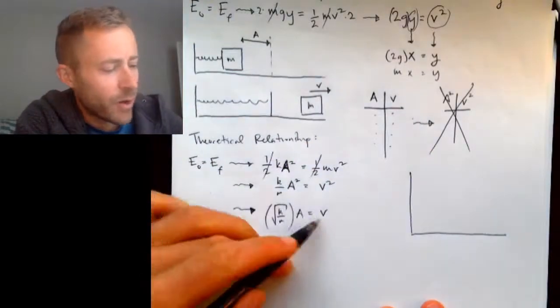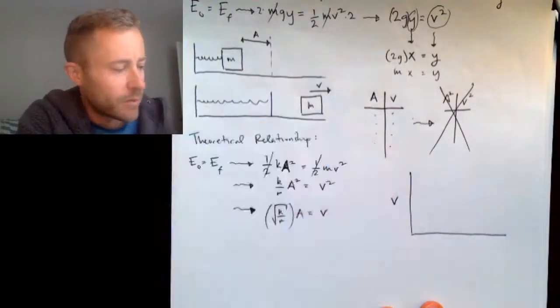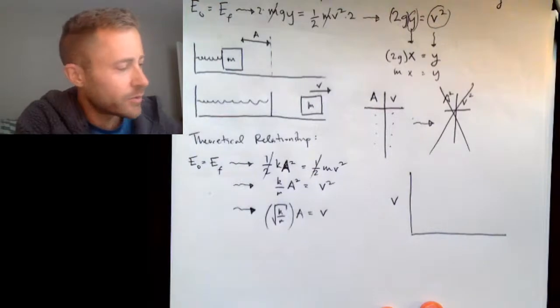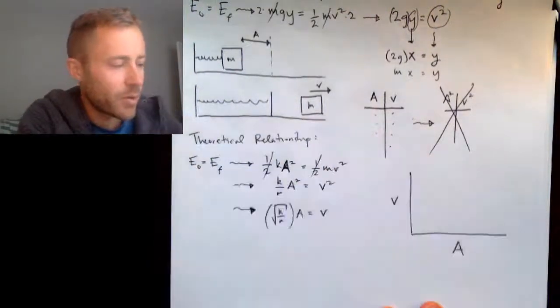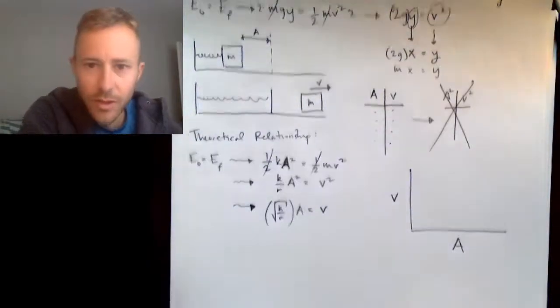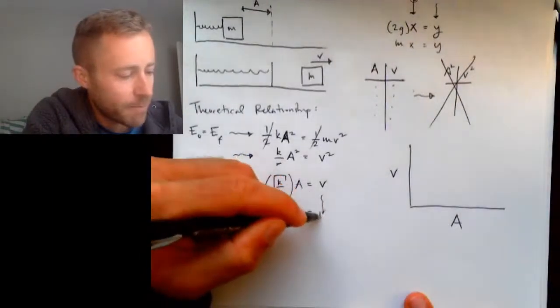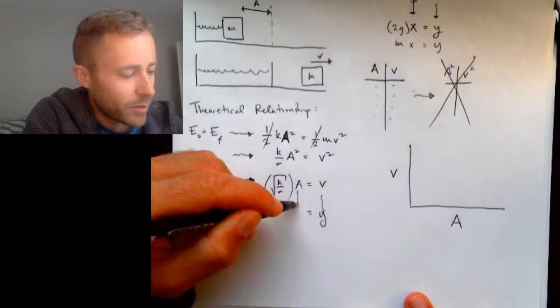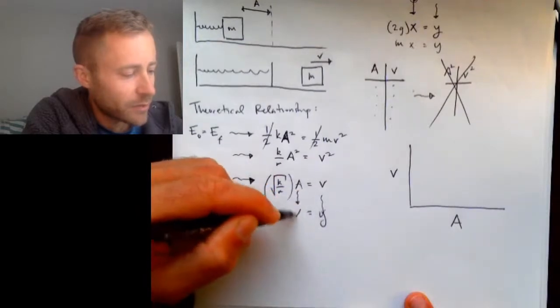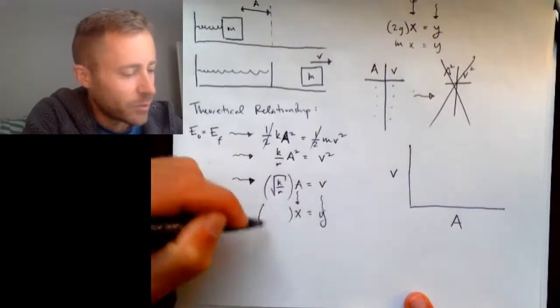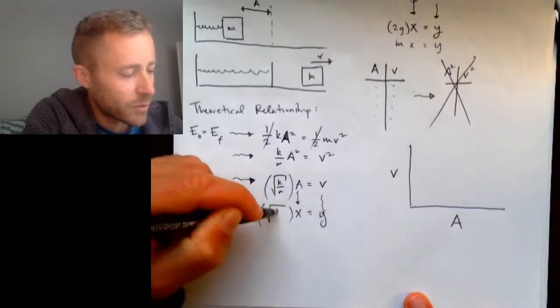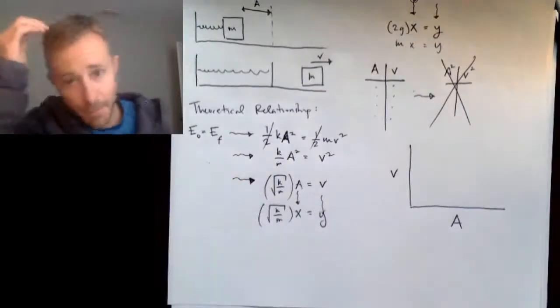So that means I'm going to graph launch speed on the vertical axis and amount compressed on the horizontal axis. Launch speed is acting like y, amount compressed is acting like x, and the thing that is multiplying x is the square root of k over m.